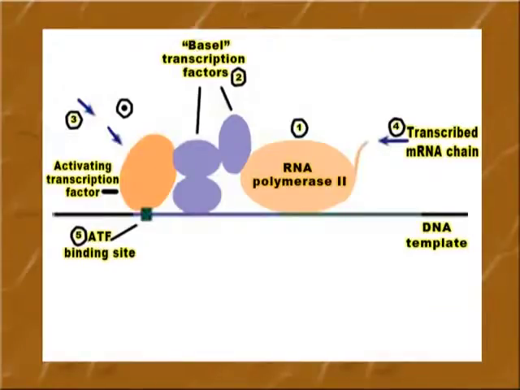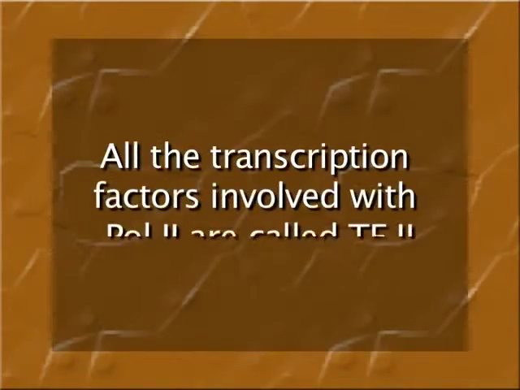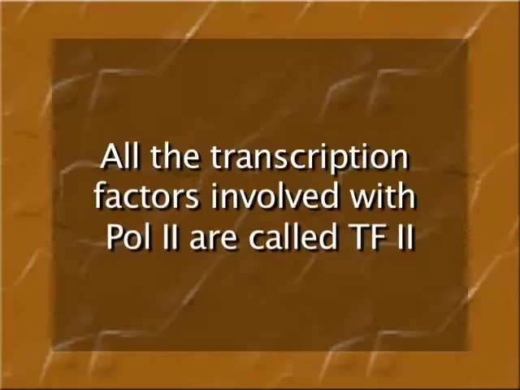The transacting factors, which are products of various regulatory genes, bind to either DNA or to each other or to RNA polymerase. They can also bind in various combinations. All the transcription factors involved with Pol II are called transcription factor 2.